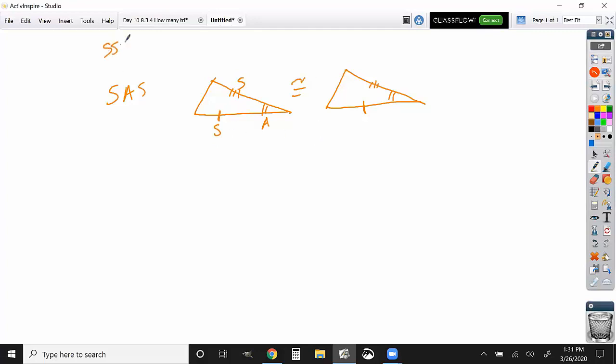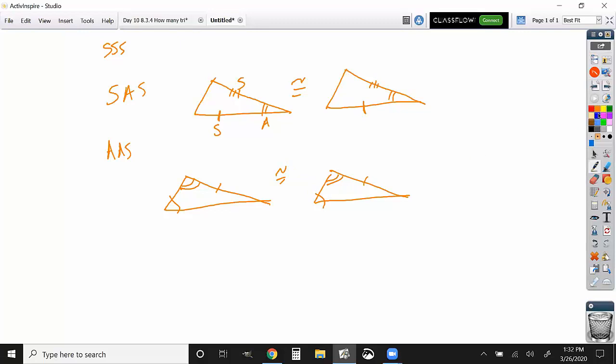So side, side, side works, side, angle, side works, angle, angle, side works. So if I say this angle and this angle are congruent, and this angle and this angle are congruent, and then this side and this side are congruent, these are congruent.